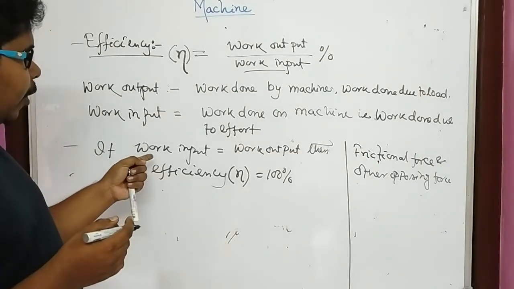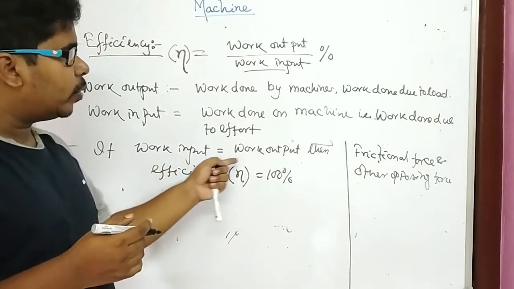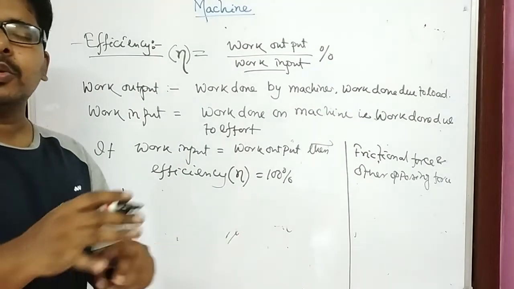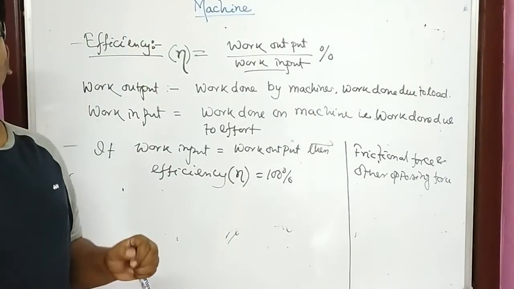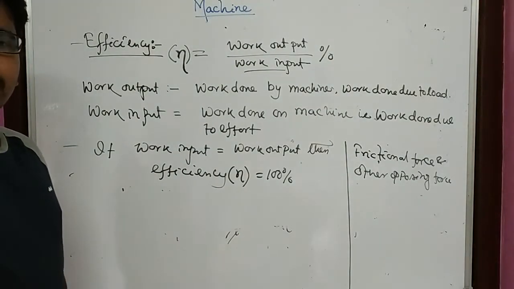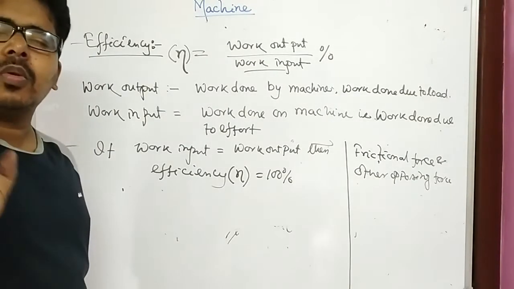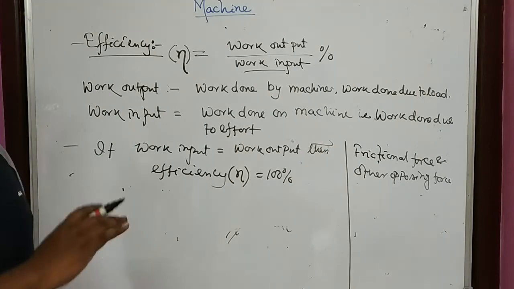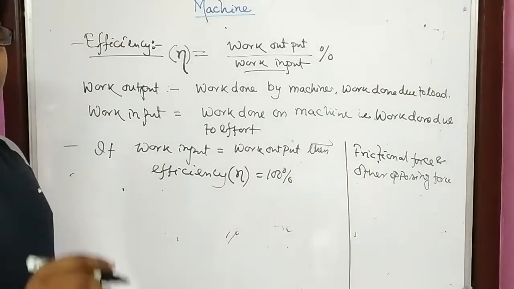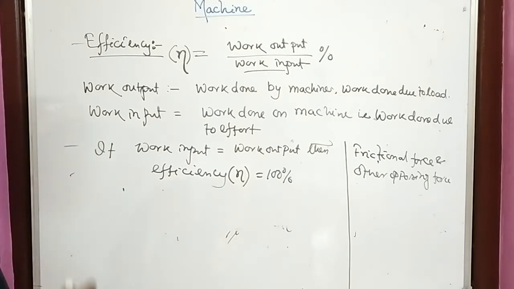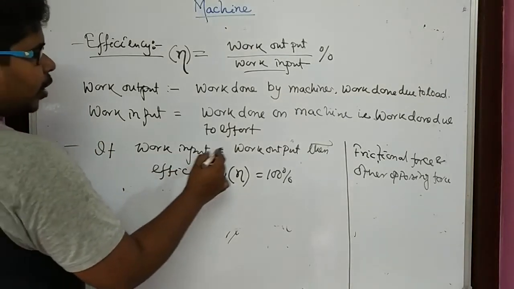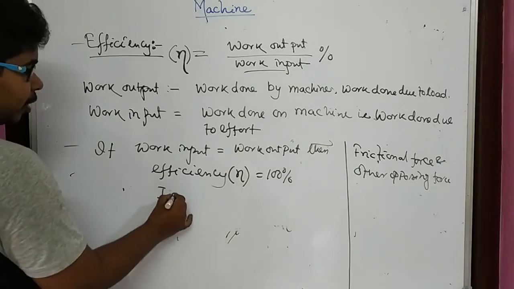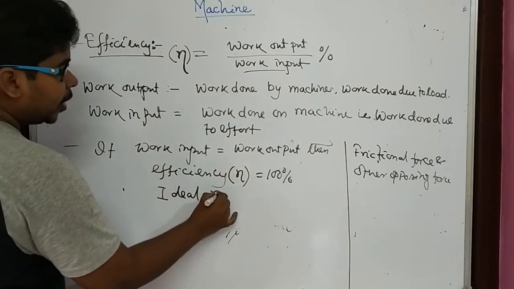So if I want work input equal to work output, there shouldn't be any friction or any opposing force, which is practically impossible. And that's why we say that if work input equals work output, though it is impossible, that type of machine is known as an ideal machine.